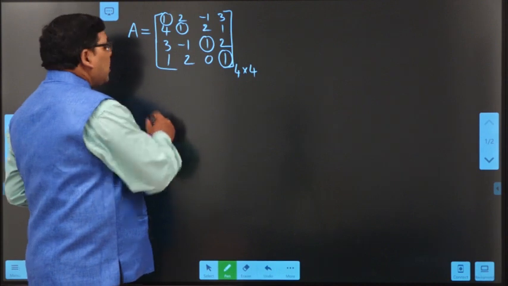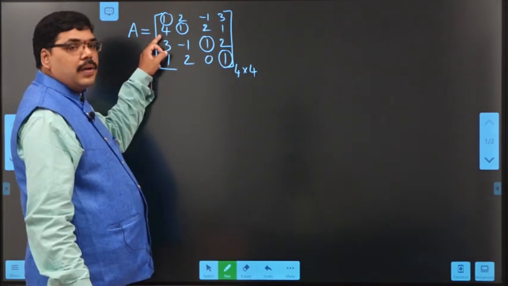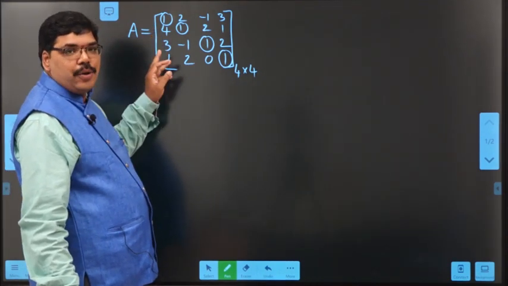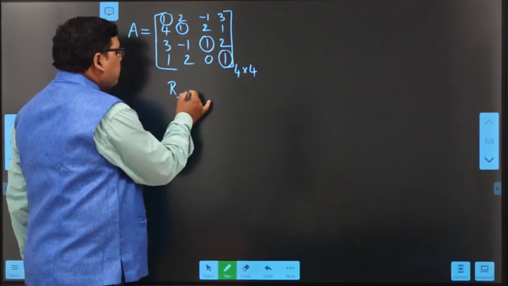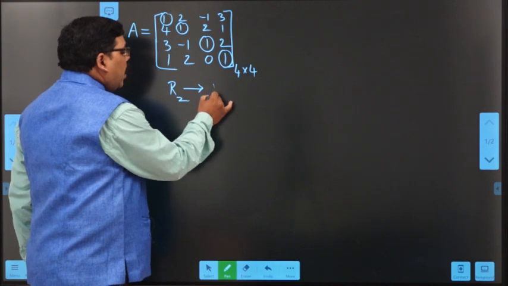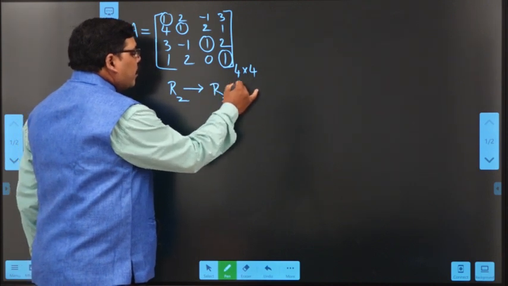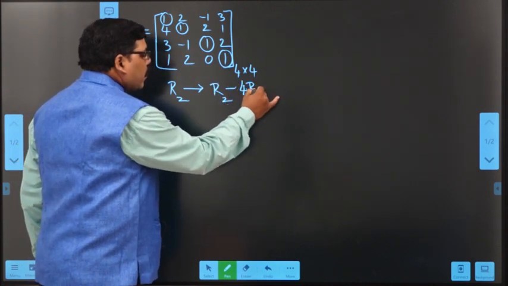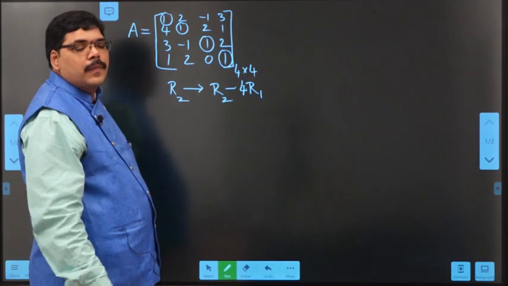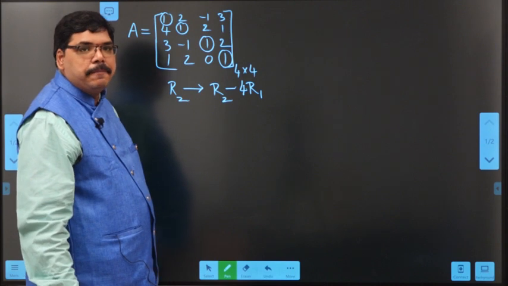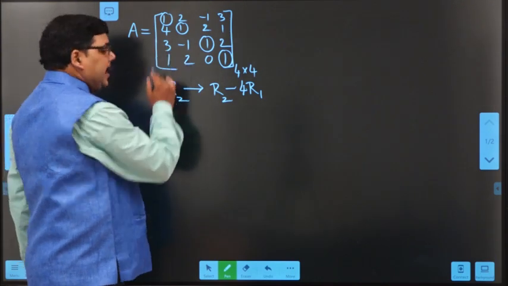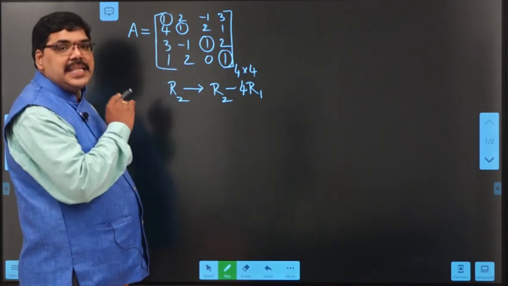See, 4 is in the second row. R2 implies R2 minus 4R1. Similarly, 3 is in the third row.